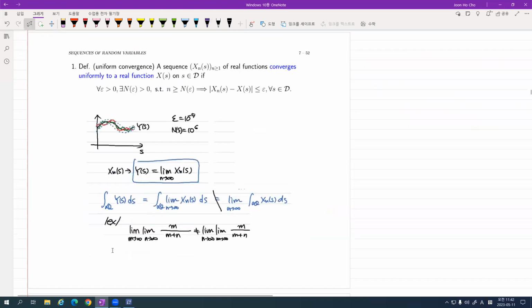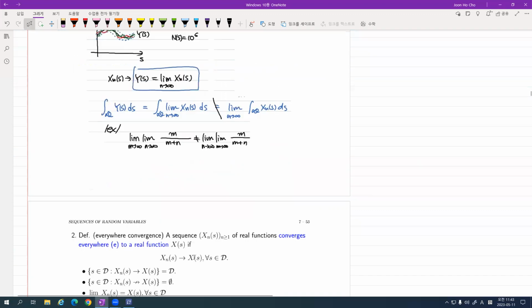As this figure also shows, you choose a single positive epsilon and put a band, an upper and a lower bound, around the target function, and on the domain your nth term for sufficiently large n must reside inside. That allows you to exchange the order of limits and so on.